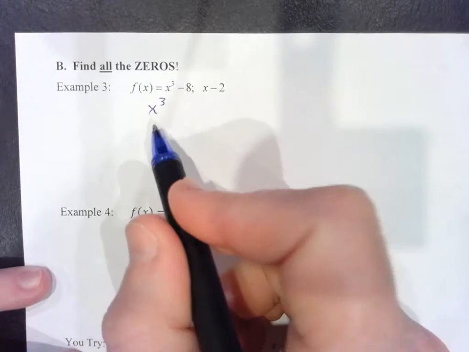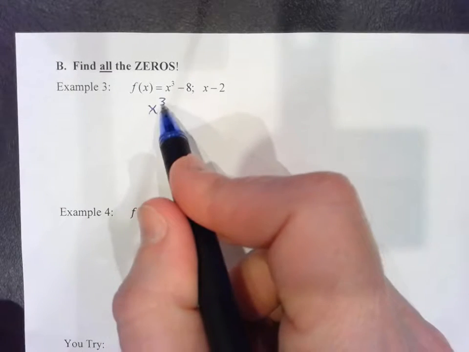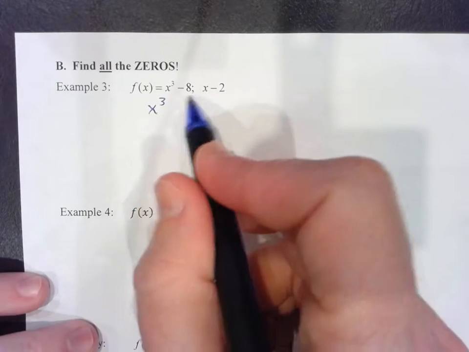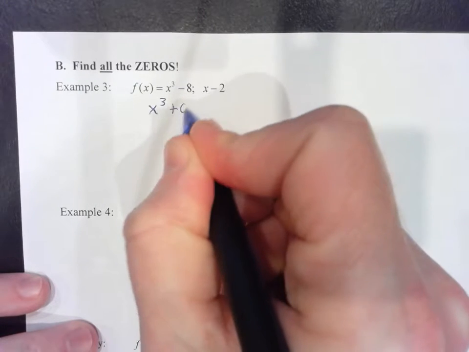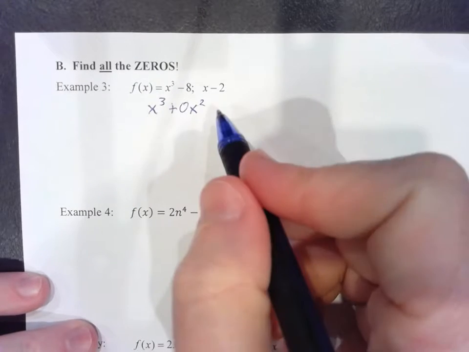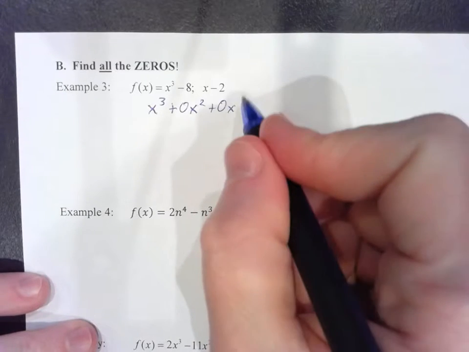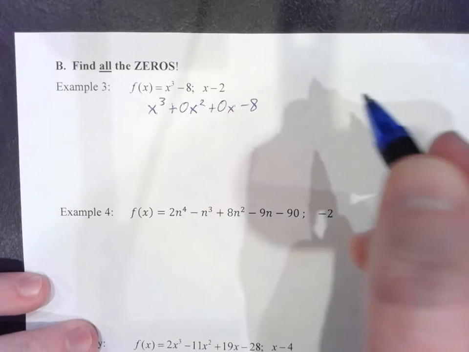My leading term is x to the third, so I need all of the terms that have a smaller degree. I don't see any x squared, so I have to put in 0x squared. I don't see any x's, so I need to put 0x. And I need a constant, minus 8.